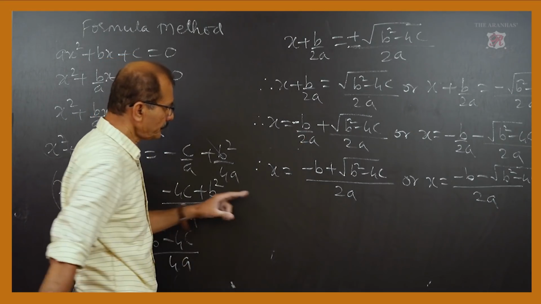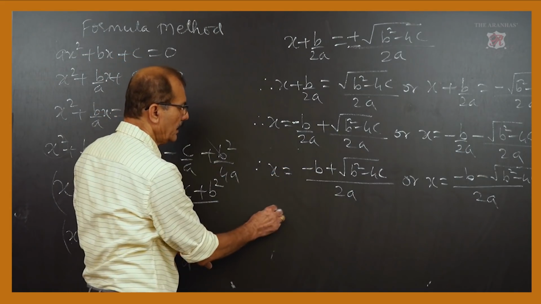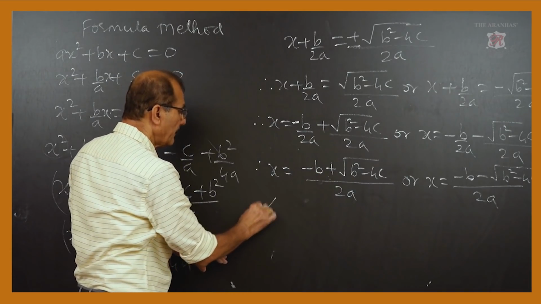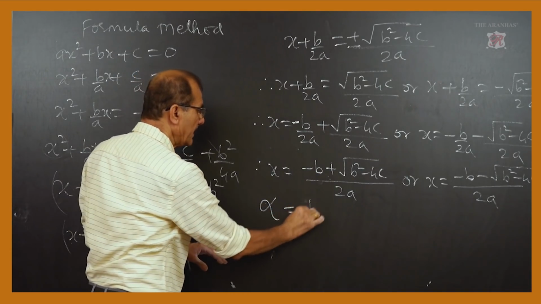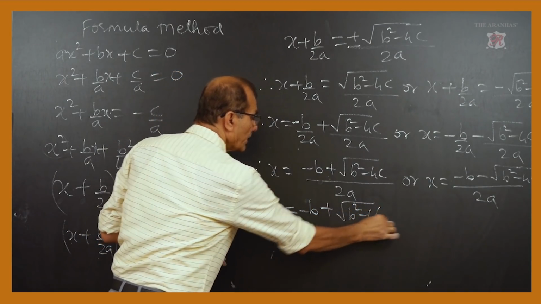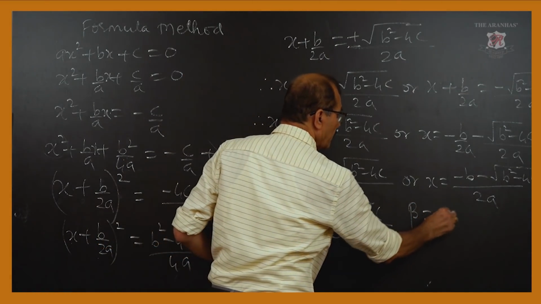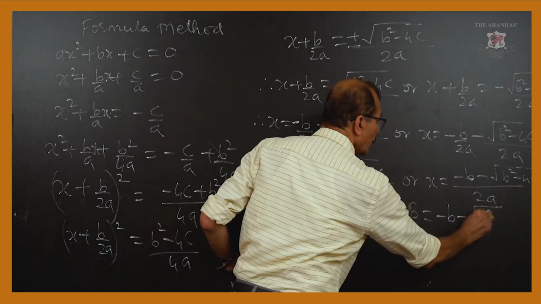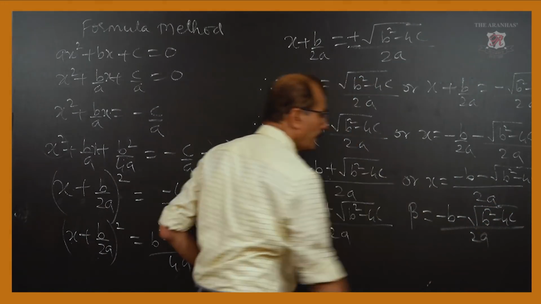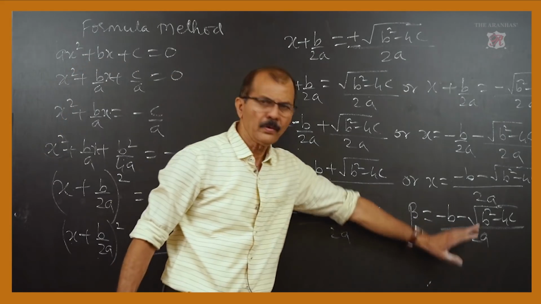Now here, say for example, I will call this one of the roots alpha. If alpha is minus b plus root of b square minus 4ac upon 2a, and my beta is minus b minus root of b square minus 4ac upon 2a, I just denoted, let alpha be one root, beta be the other root.